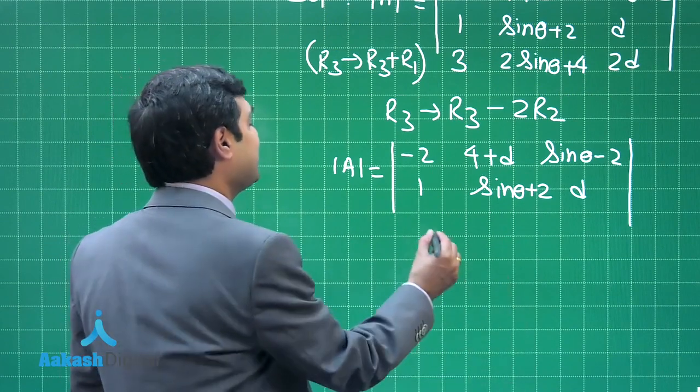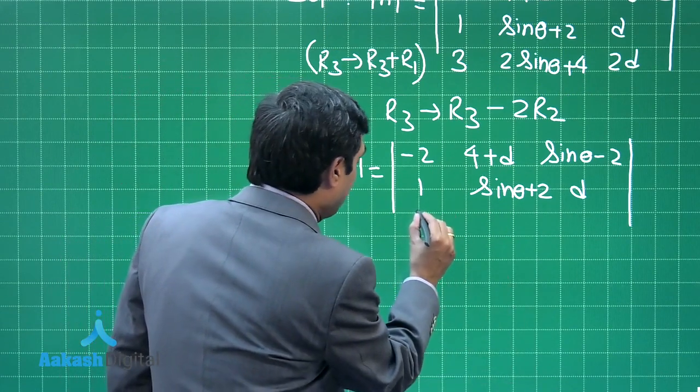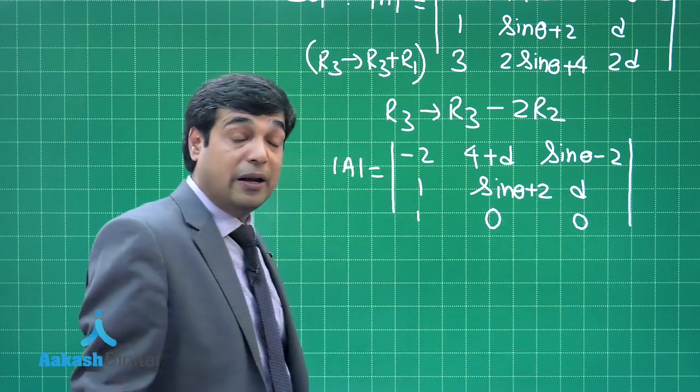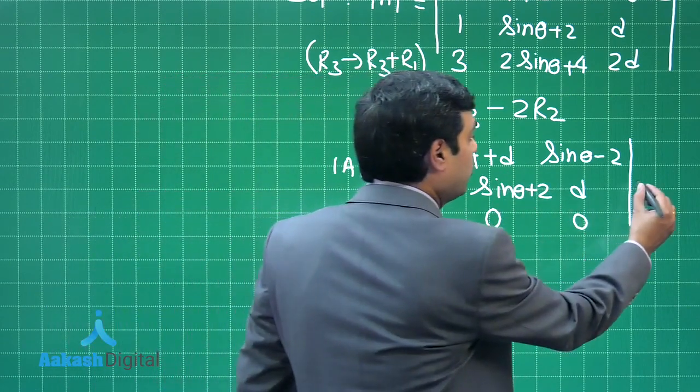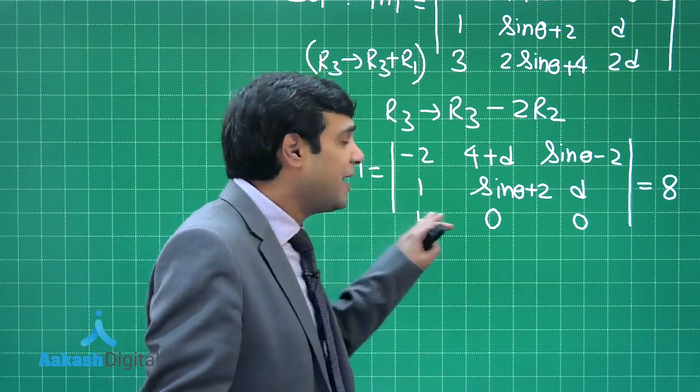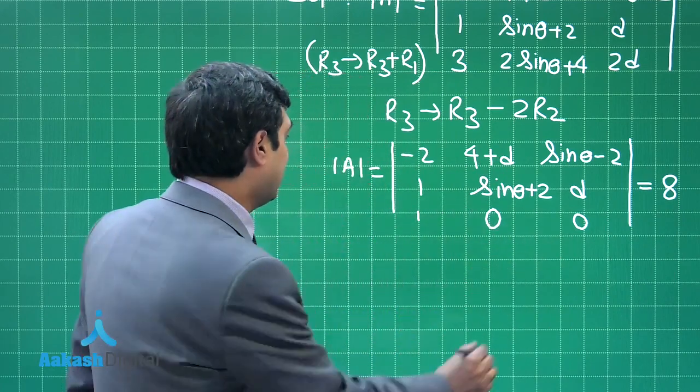Last row simply changes to 1, 0, 0. Now this entire thing is equal to 8 as given in the question. This is clear. Now expand along the third row to get the value of d.